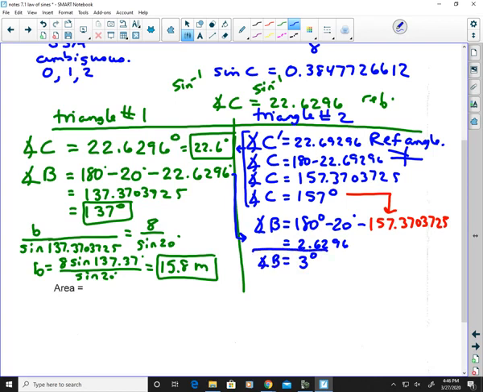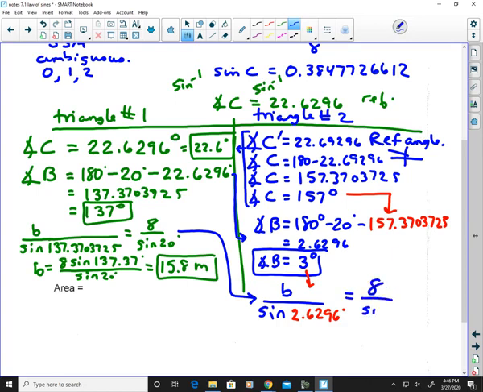That's 3 degrees. Now let's find our side B. So notice that this is going to come down similar, but what's going to be different about this? B over sine of, bring that angle down. I'll write it as the decimal. That's where the change is, because the rest stays the same.